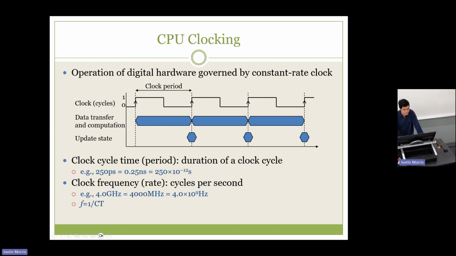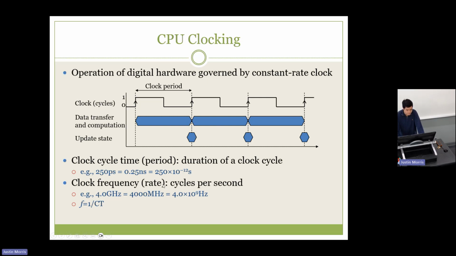And here we can see the data transfer and computation. And this is when it gets updated, and then here we can do more data transfer and computation. And here's your example, so cycle time, if it is 250 picoseconds, which is 250 times 10 to the negative 12 seconds, right?